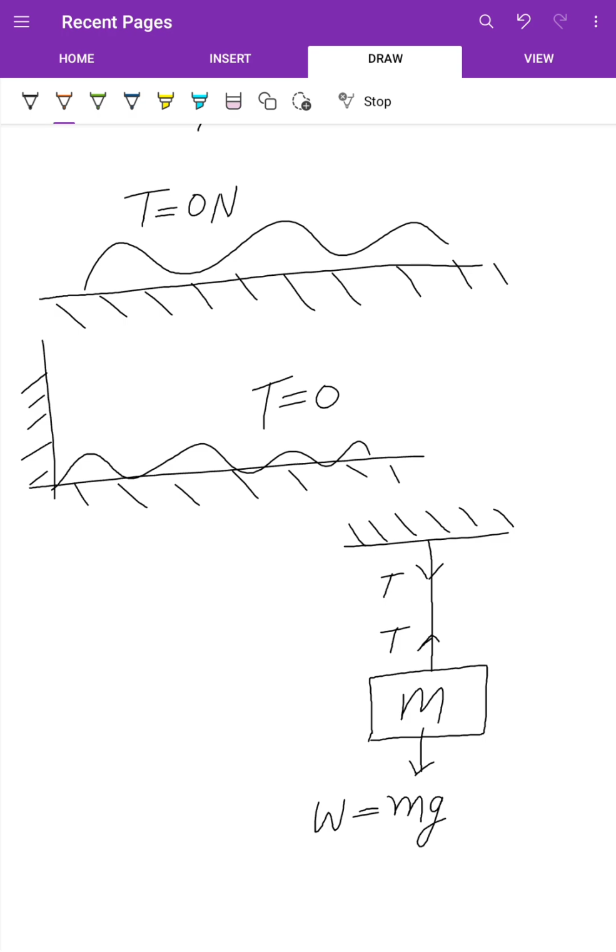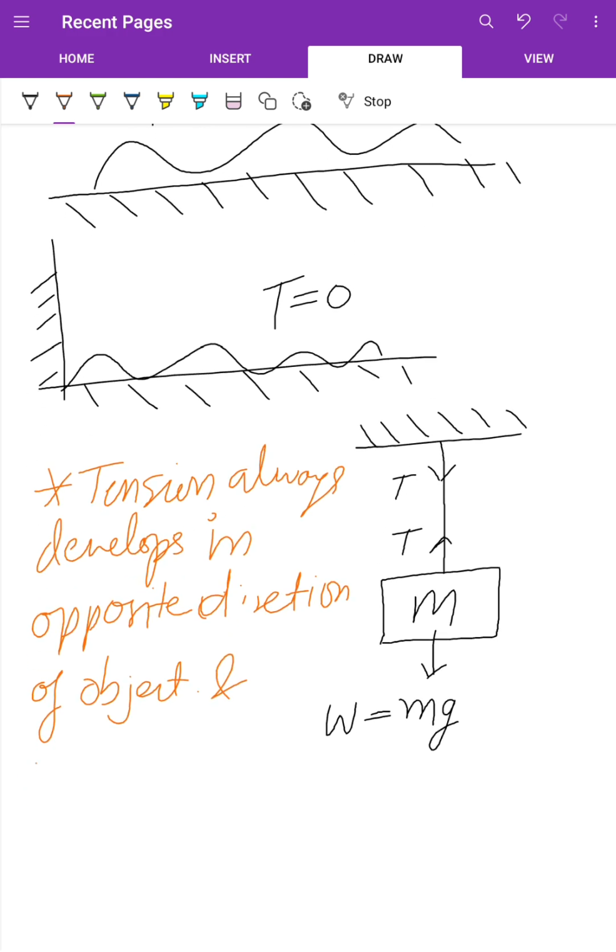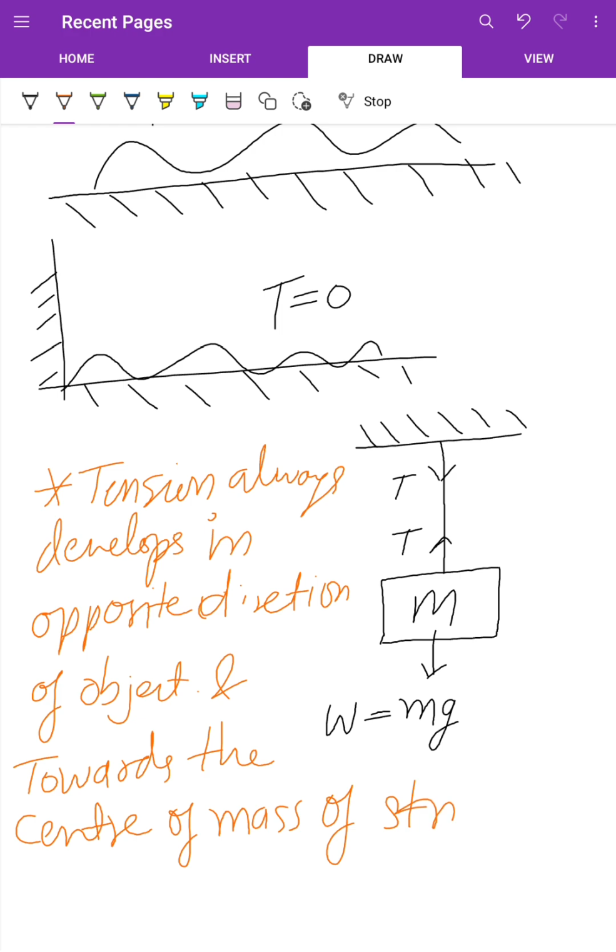Now another main point, that is tension always develops in the opposite direction of the object and towards the center of mass of a string. That is the main important part.